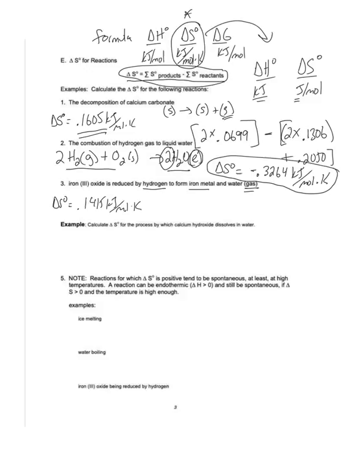One other note about this, if any of you try the bottom one with calcium hydroxide, the dissolution of calcium hydroxide into water, oops, my mistake. That should be calcium ions and 2 hydroxide ions. This is solid state.